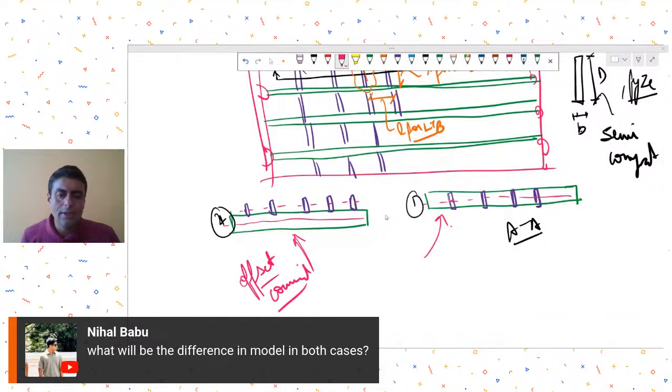Loading wise, analysis wise or output wise, I don't think there is going to be any difference. But while doing the detailing and designing for this system, you will have to ensure that the junction between green and purple is properly detailed, and that this is catered for in the detailing.